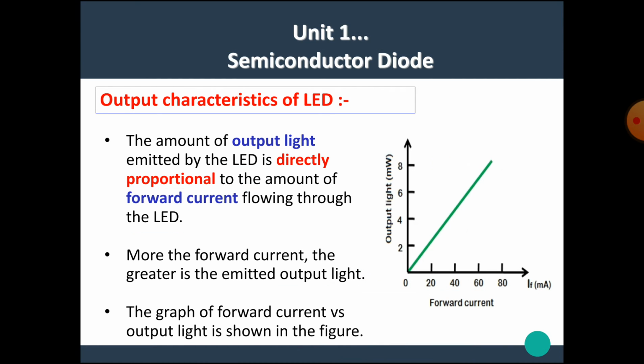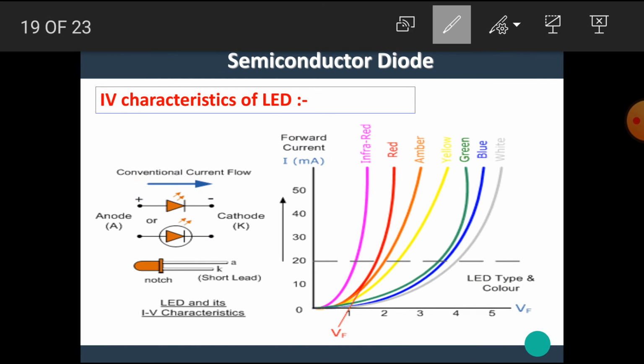Okay, now let's see the VI characteristics of the LED. In the VI characteristics, only forward bias mode is shown because we use the LED in forward bias mode only. We never use the LED in reverse bias mode because in reverse bias mode the LED is in its off state.